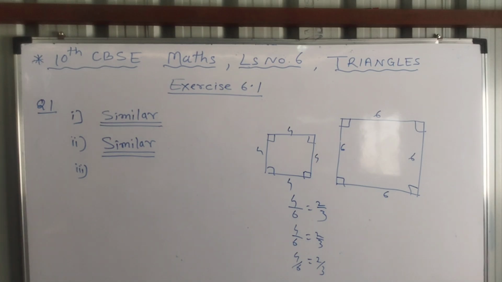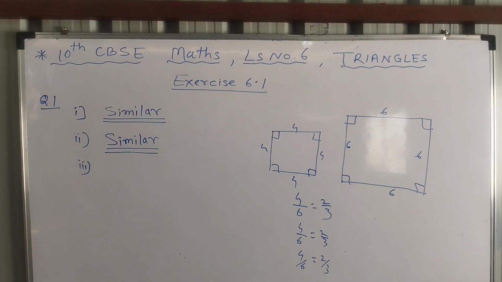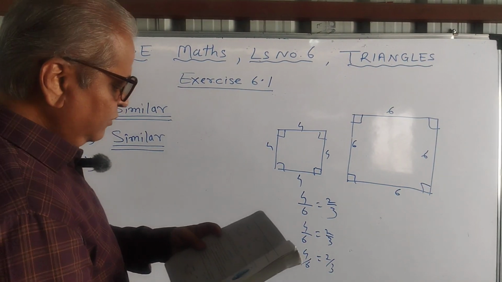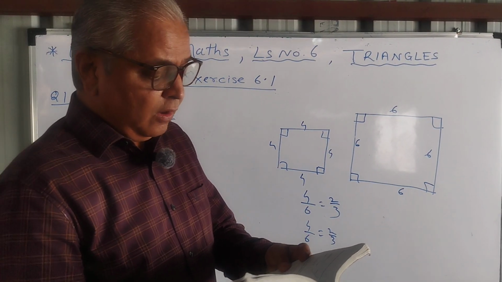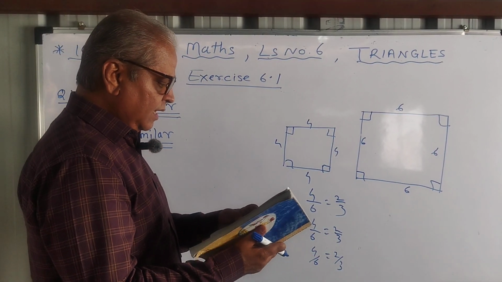Third question is, it is actually definition, no sorry, third, all dash dash triangles are similar, equilateral or isosceles.